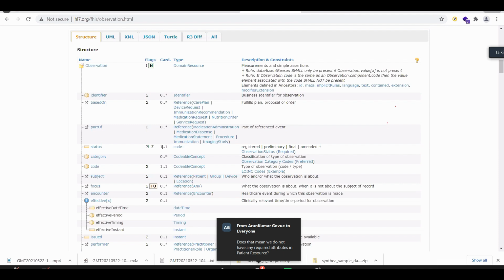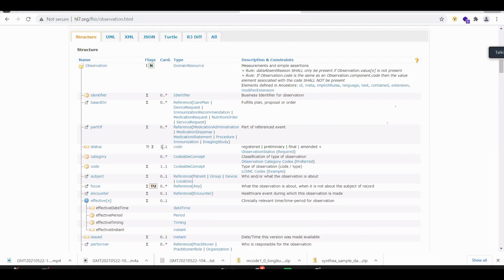You may not be required to send that value or process that value, but if the value comes, you should be supporting it. That's the fine difference between must support and required. When we go to the conformance class next time, we will dig deeper into what is must support, what is slicing, what is profiling, in the next session. But for now, that's the difference.